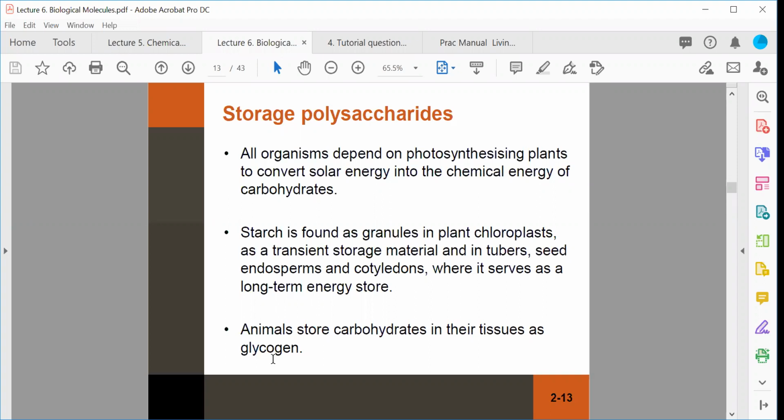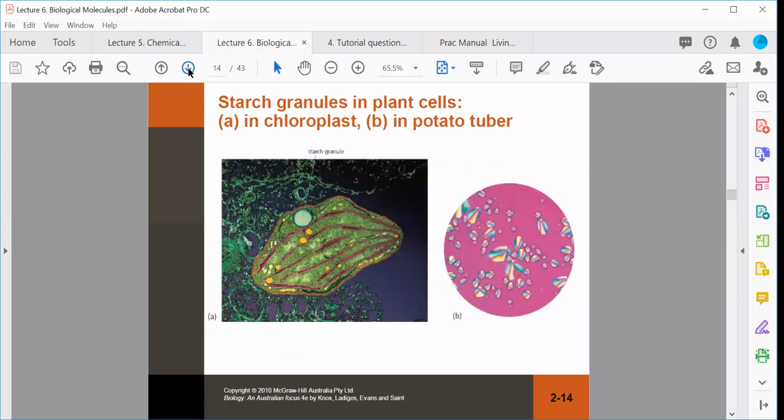Glycogen is also a little bit different in that those glucose monomers are all bound to a central protein, a core protein. So a little bit different, but they're basically both made up of glucose monomers. All right, and here we have some starch granules in plant cells. And you can see that clearly, that starch granule there, in a chloroplast and in a potato tuber. Some great images there.